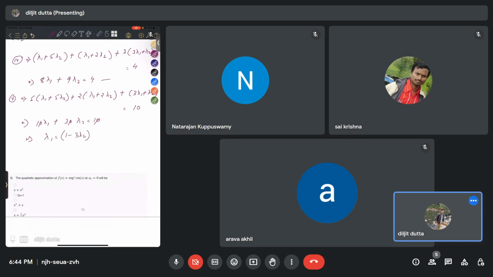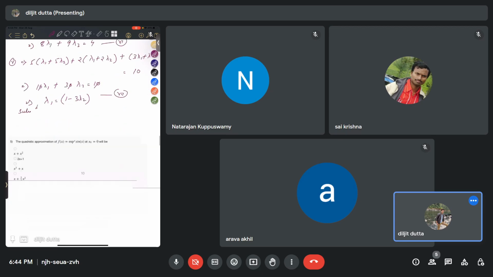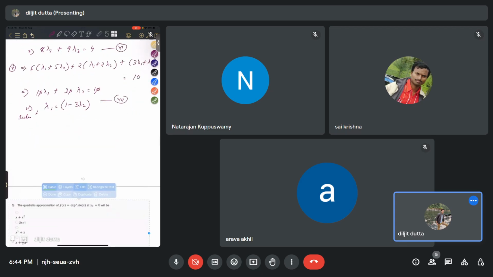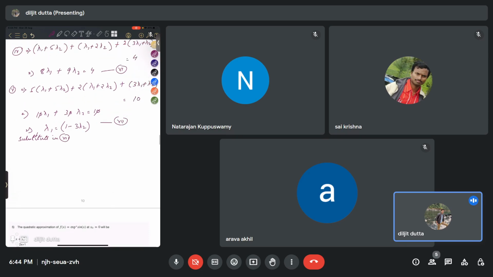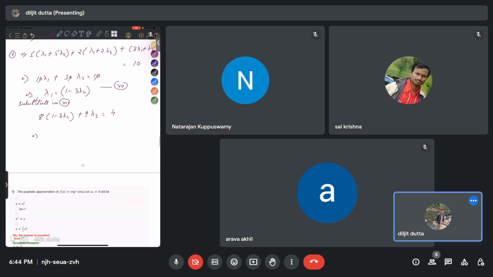So substitute in equation 6. What we will get is 8 into 1 minus 3 lambda 2 plus 9 lambda 2 is equal to 4. So what are we getting? 8, 4 minus 8 is minus 4, minus 24 plus 9 is minus 15.